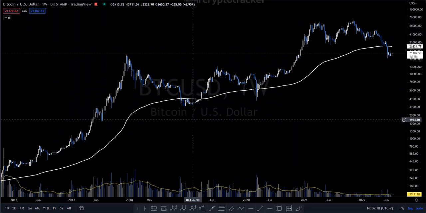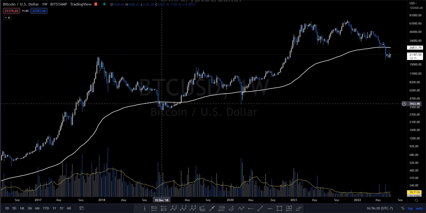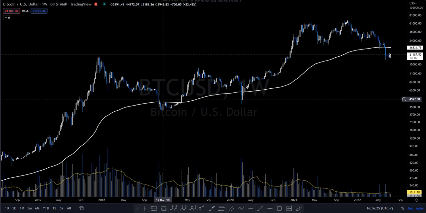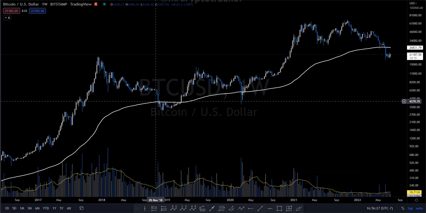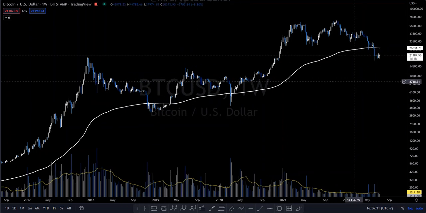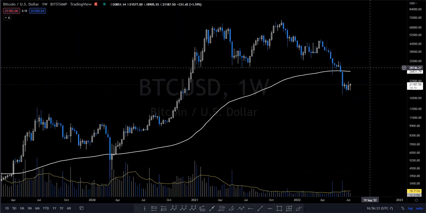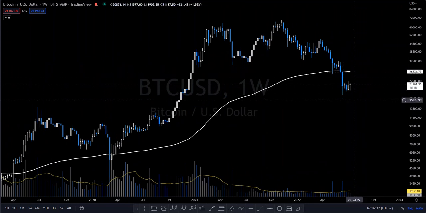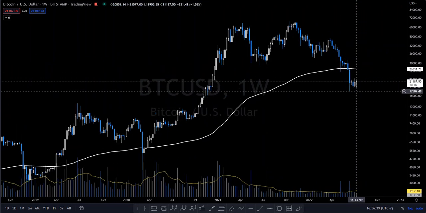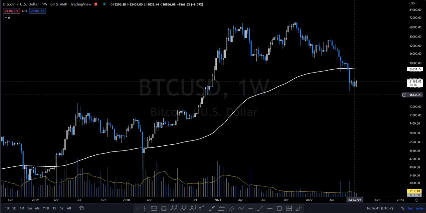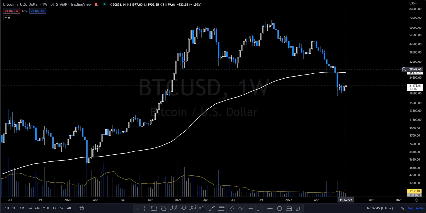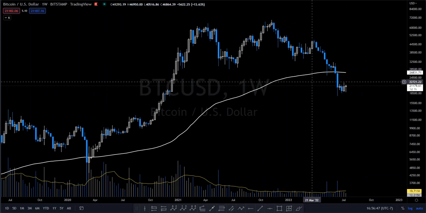And the time the price stayed below this EMA was some sort of consolidation and accumulation level. But this time it's a little bit different. We dropped below, and still the price action doesn't show any strength to come back and reclaim this moving average.